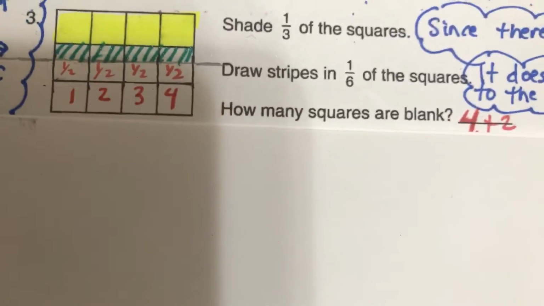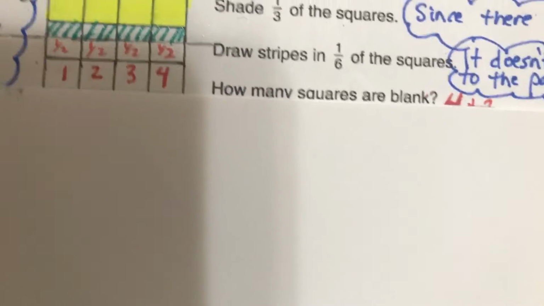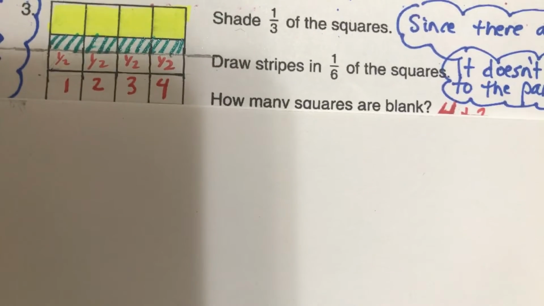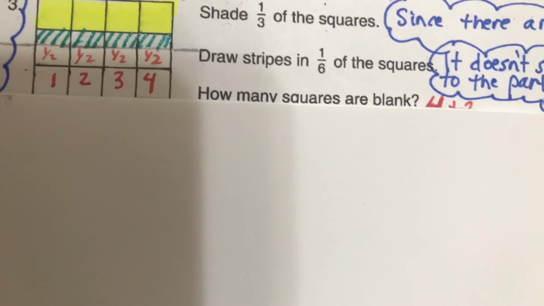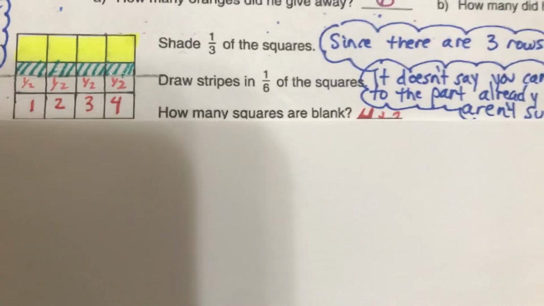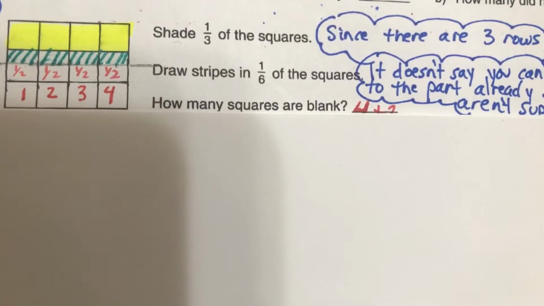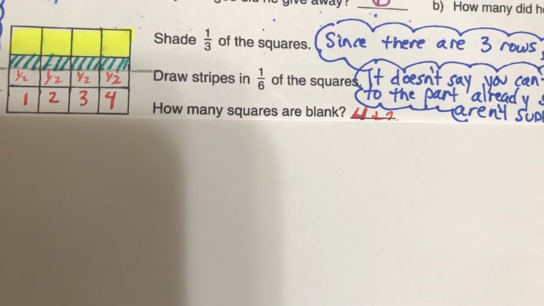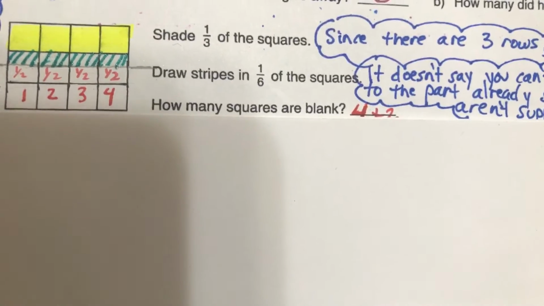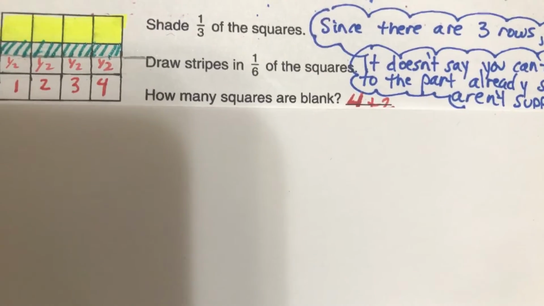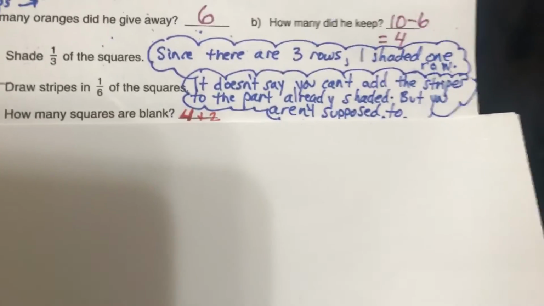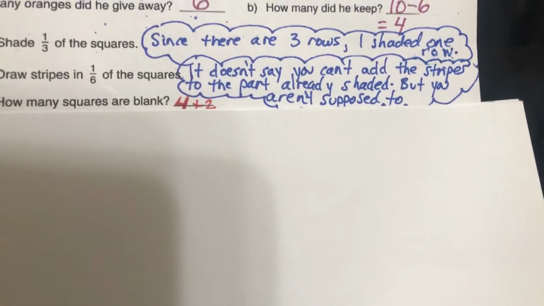And I used a ruler and I used my pencil to draw a line that cuts the second row in half, because I need 1/6 of the squares, which would be half of a row of 3, or half of a third row. The tricky part here is in the wording.